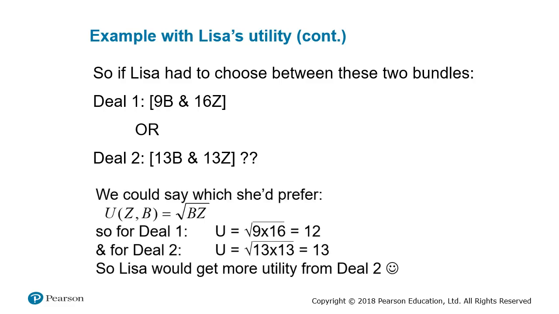However, given that her utility is the square root of the product of B and Z, for deal 1 her utility would be the square root of 9 times 16, which is 12 utils, and for deal 2, the square root of 13 times 13, 13 utils. So Lisa would get more utility from deal 2, and that would be the deal that she chooses.